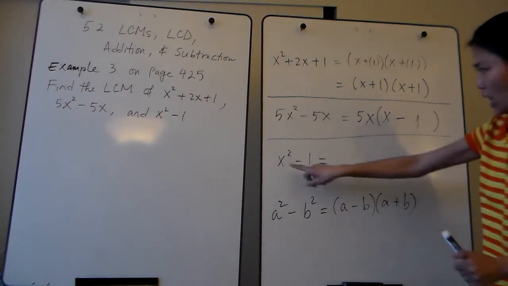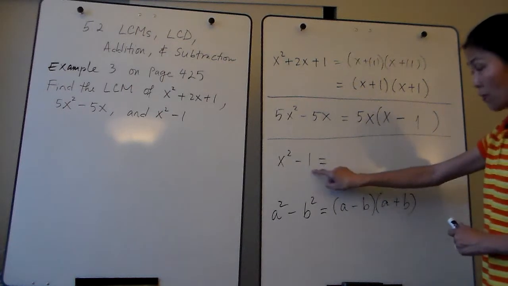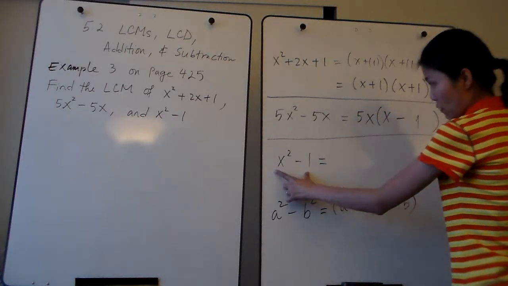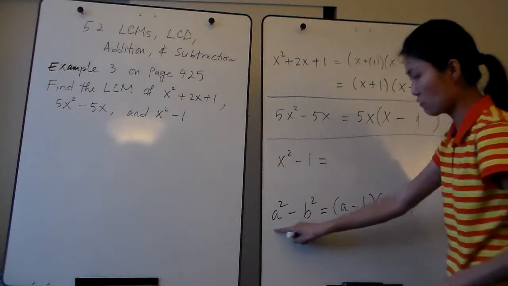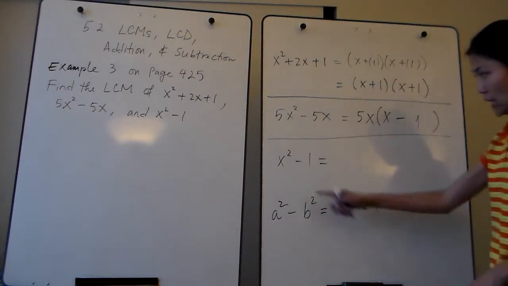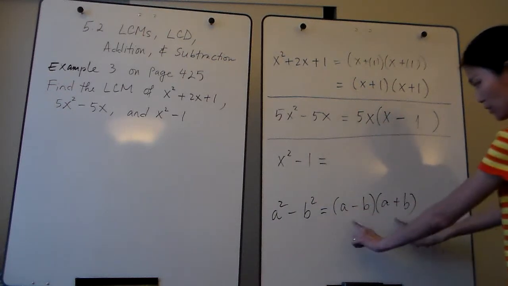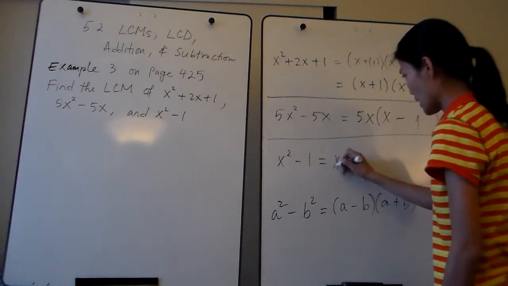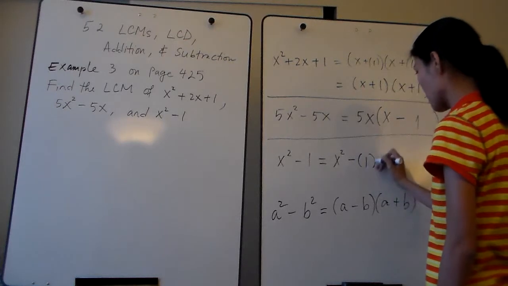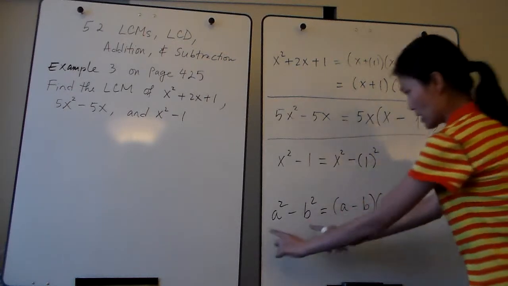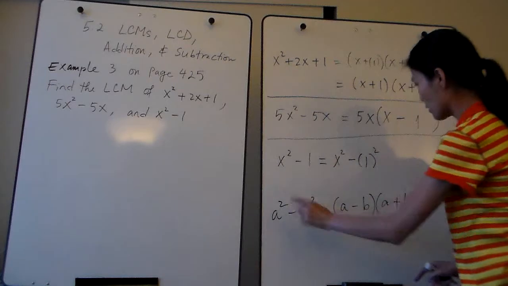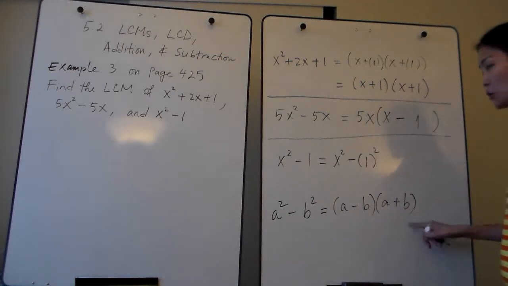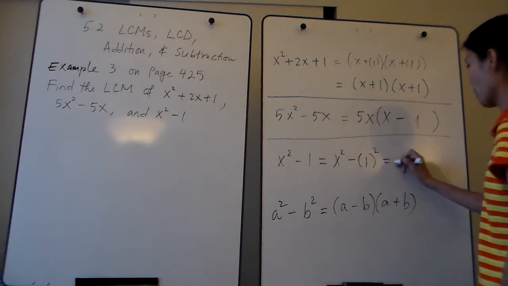What we have is x squared minus 1, and 1 squared is 1. So the expression is in this form, which means we can factor it into two factors. Let's rewrite this as x squared minus 1 squared. Now we have exactly this format: x squared is a squared, minus 1 squared, which is b squared. So I'm going to use this formula.